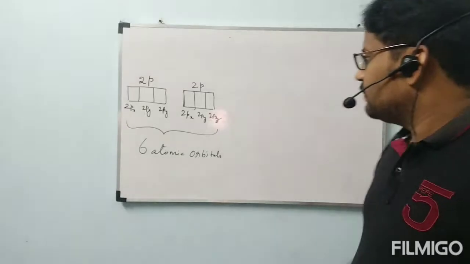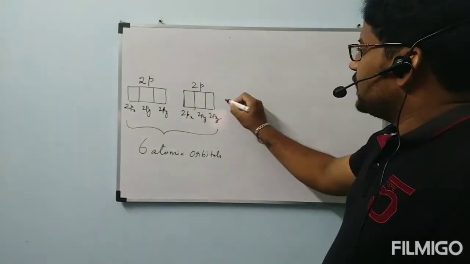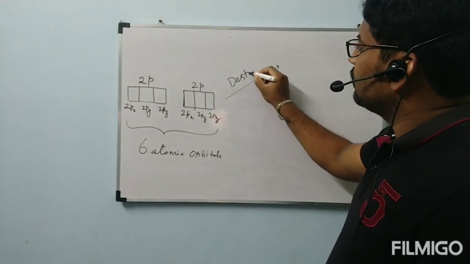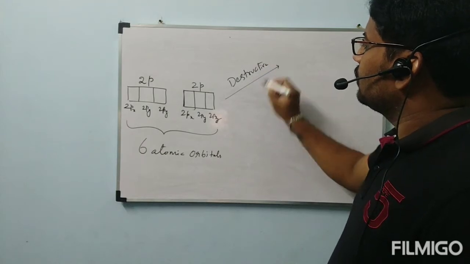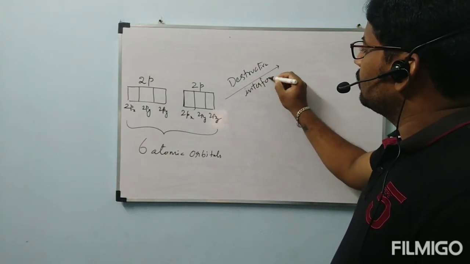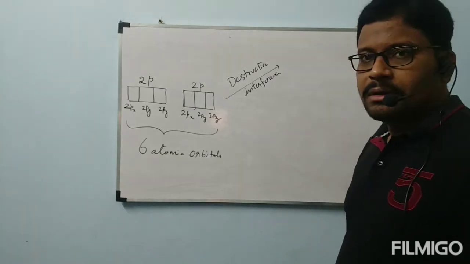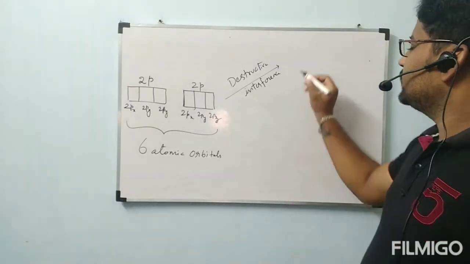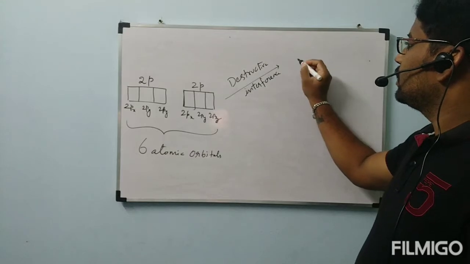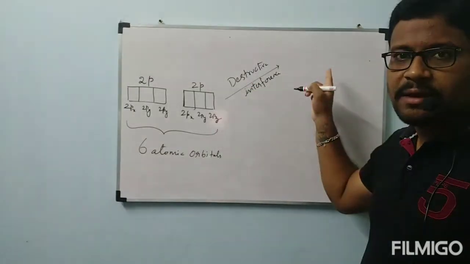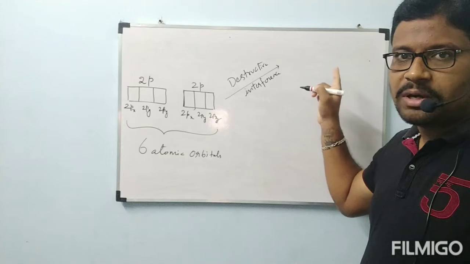Let us see. First, if these undergo destructive interference, we will get 3 anti-bonding molecular orbitals. Destructive interference means immediately we should think anti-bonding.